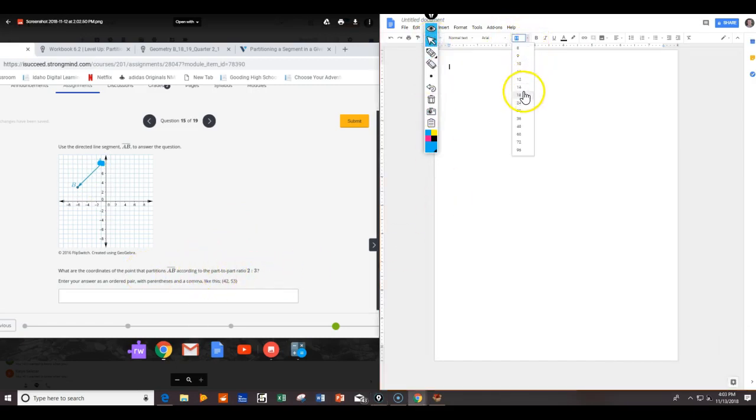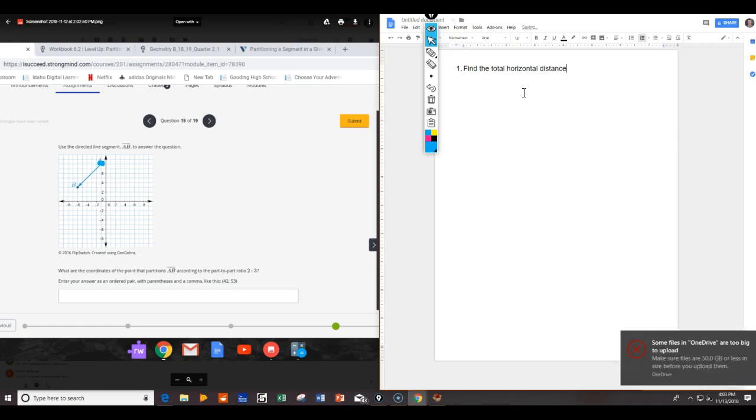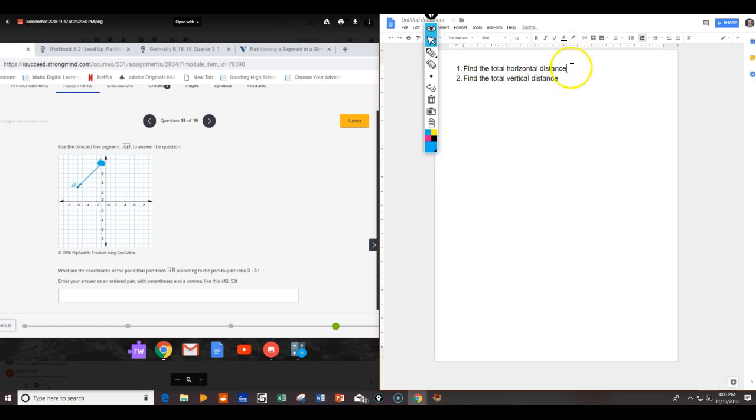So the first thing that I want to do is find the total horizontal distance and find the total vertical distance between the 2 points. The first one is our horizontal distance.